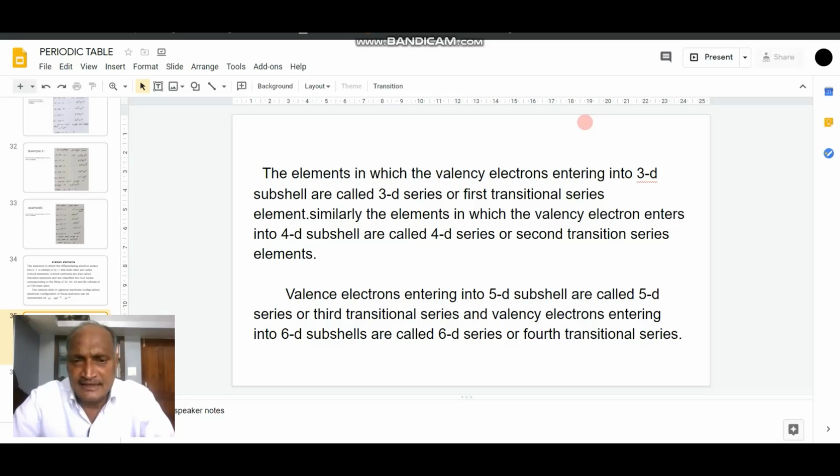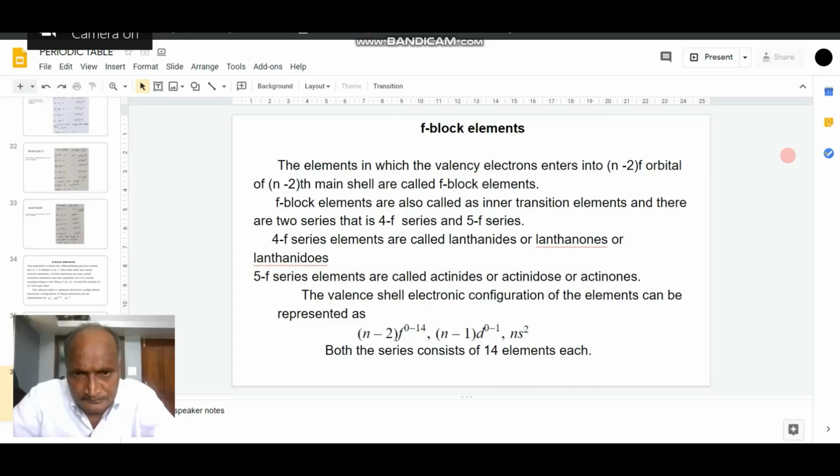The elements in which the valency electron enters into the 5d subshell are called 5d series elements, or the third transitional series. And the elements in which the valency electron enters into the 6d subshell are called 6d series elements, or simply the fourth transitional series.